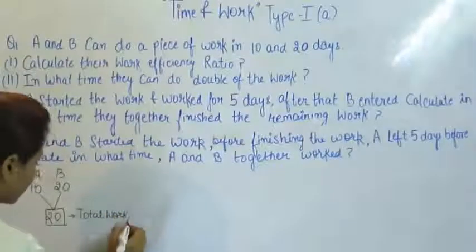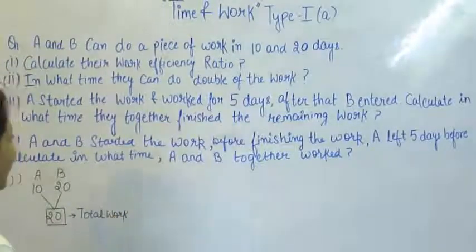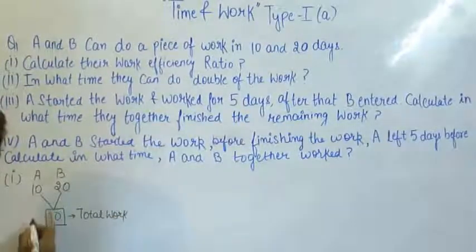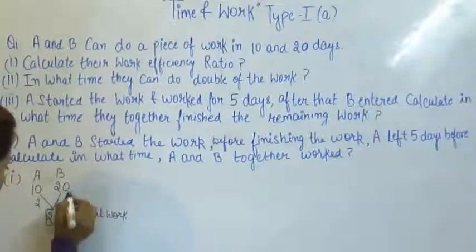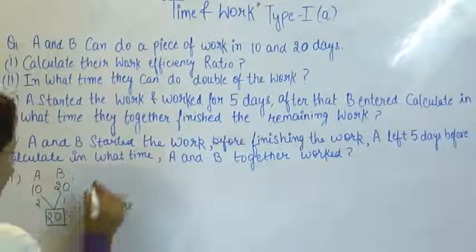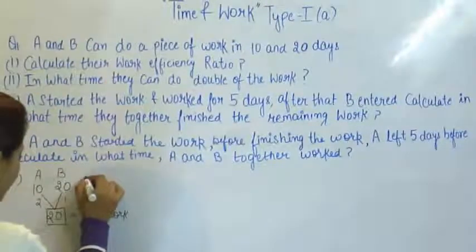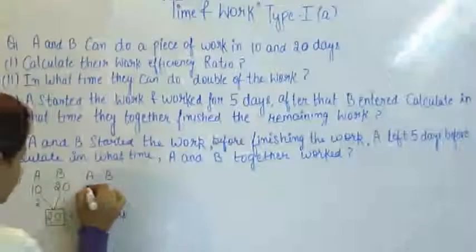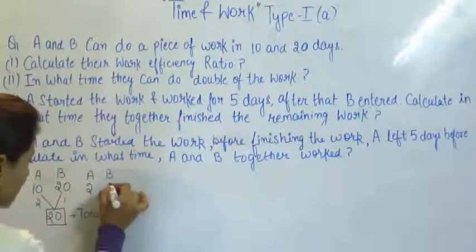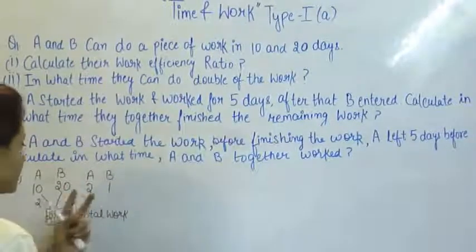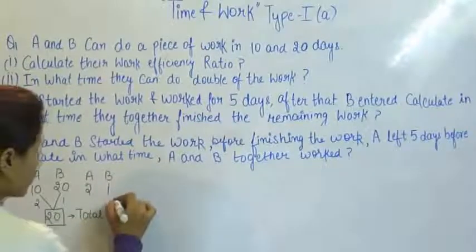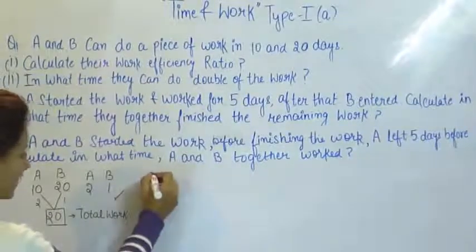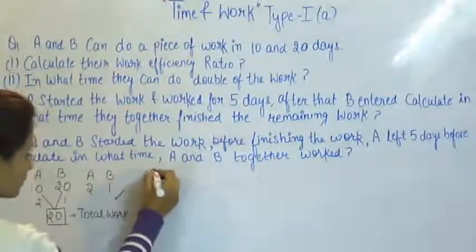This is the total work, and we have to get the work efficiency ratio. 10 is 2 times of 20 and 20 is 1 times of 20. A is 2 times and B is 1 time. It means the ratio is 2:1 and this is the answer.